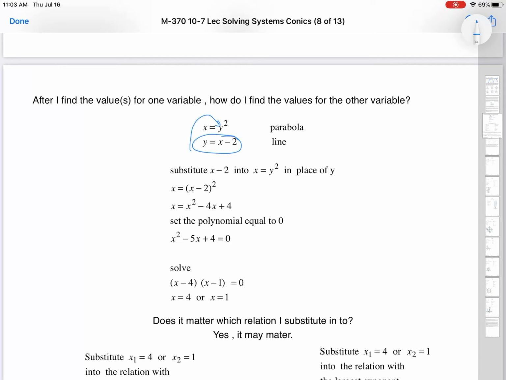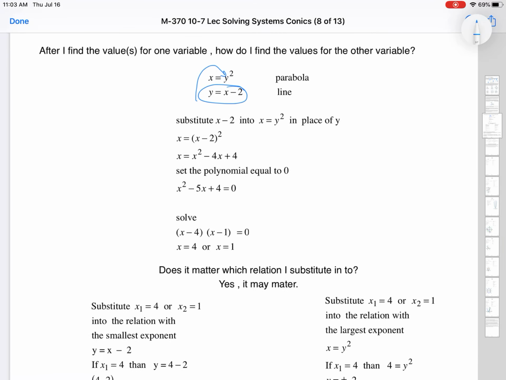He's going to say, I know the y's in the second equation have to be x minus 2, so I'm going to substitute those in. And when he does, he gets x equals (x minus 2) squared. He's careful to bring over his x, and talks about factors of 4 that add to be 5: 4 and 1. Both would be subtracted in the factorization, so we get 4 and 1.